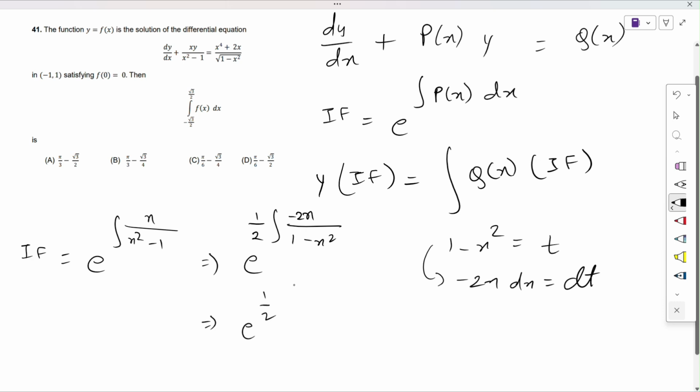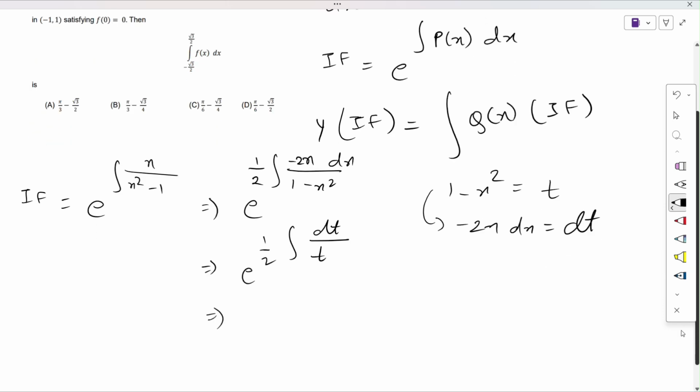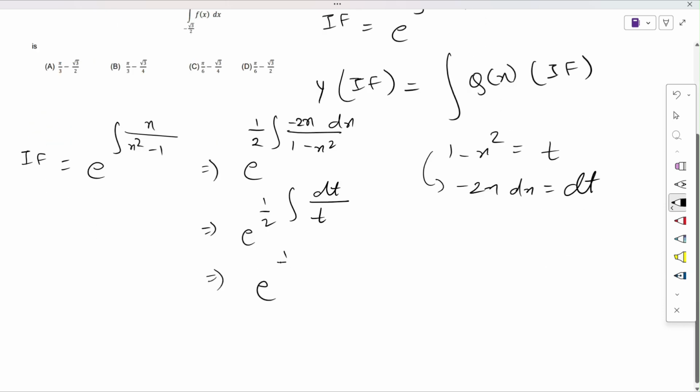So it will be given as integration of dt upon t, and it will be e to the power half of ln t, since integration of 1 by t is given as ln t. Now this can be written as e to the power ln root t.